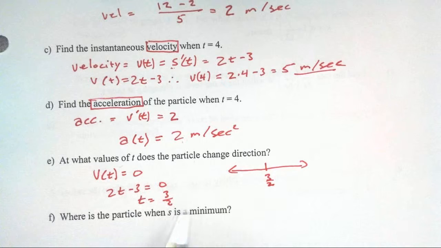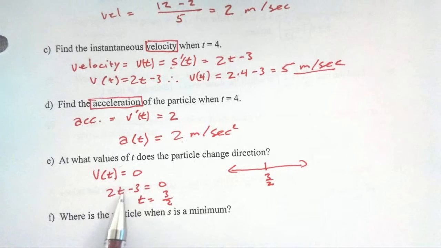If I put a number bigger than 3/2 into there, like 5, I get a positive. If I put a number smaller than 3/2, like 0, I get a negative. So this thing is going to the right, going to the left, but it's switching at 3/2. So the particle changes directions at 3/2.